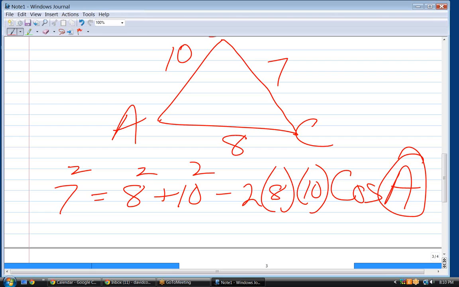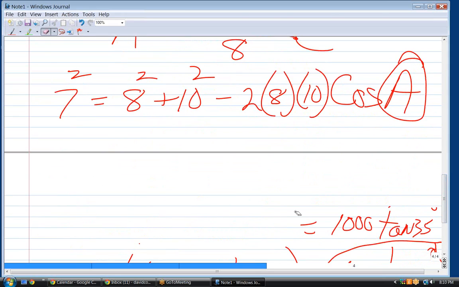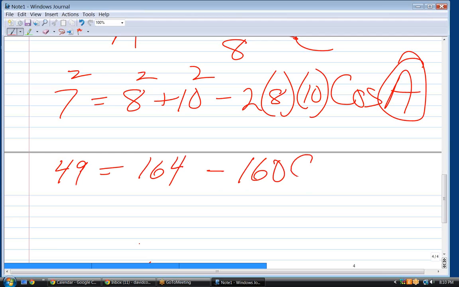All right. Okay? Let's just go through the math here, just in case it's not completely clear what we're going to do. So we'd have 49 equals 164 minus 160 cosine of A. Subtract 164 from both sides.